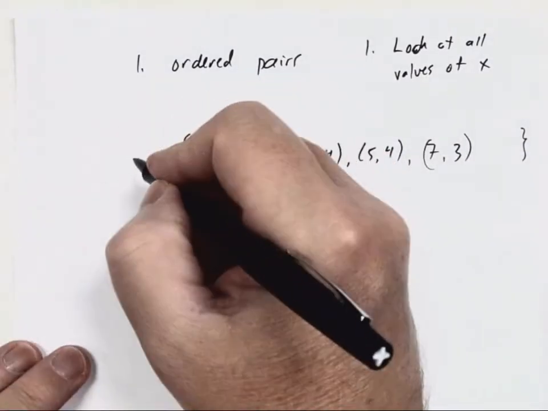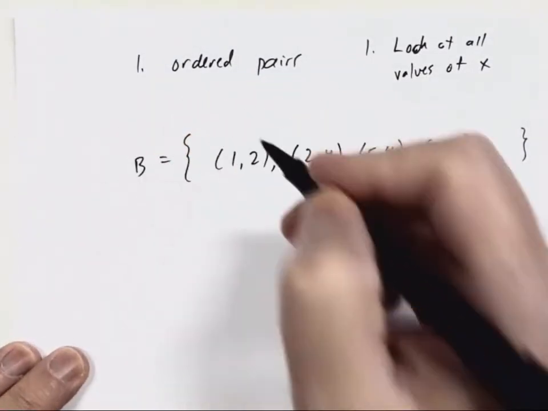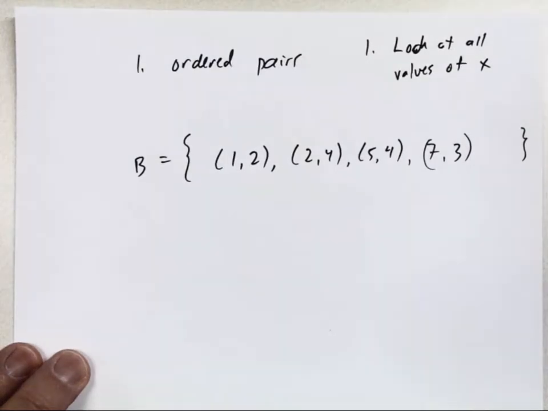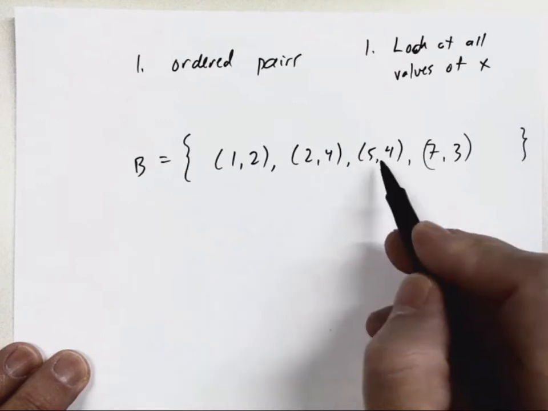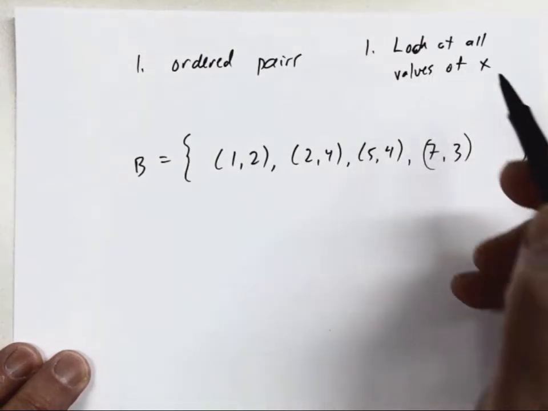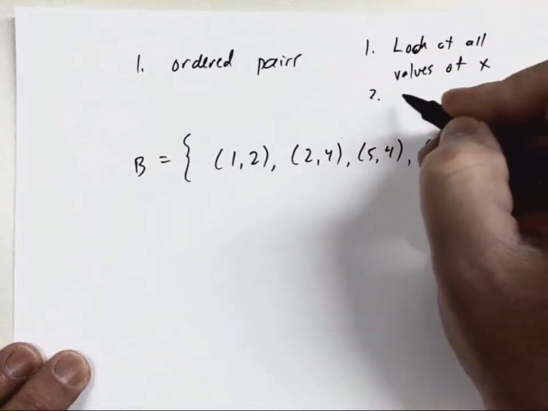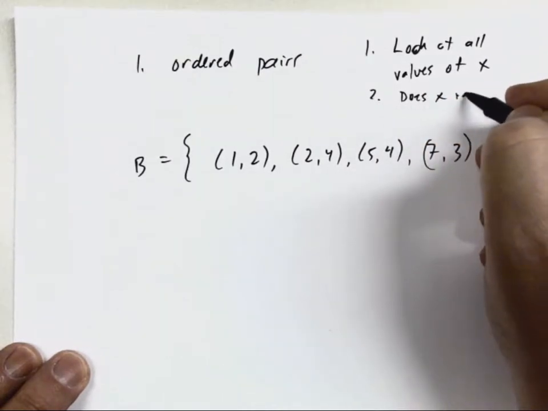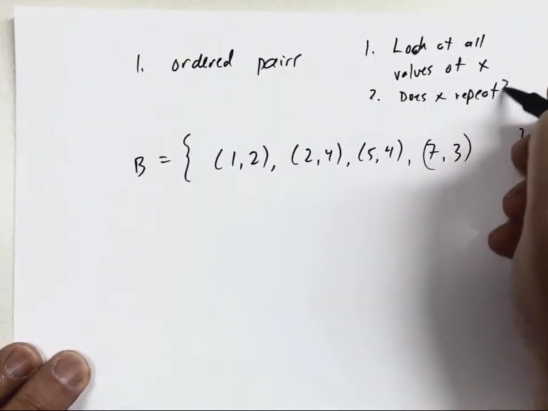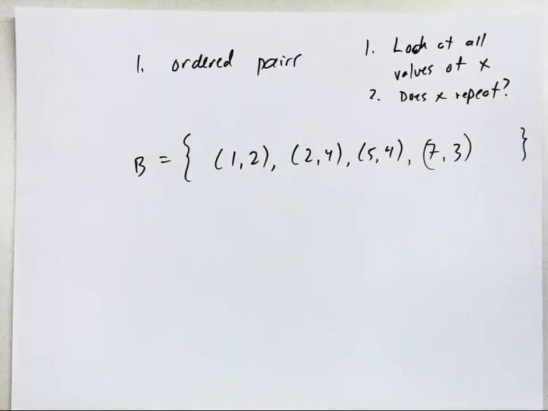I'm asked a question. We'll call this set B. Is set B a function? I look at the values of x: 1, 2, 5, 7. Look at all the values of x and ask the question, does x repeat?